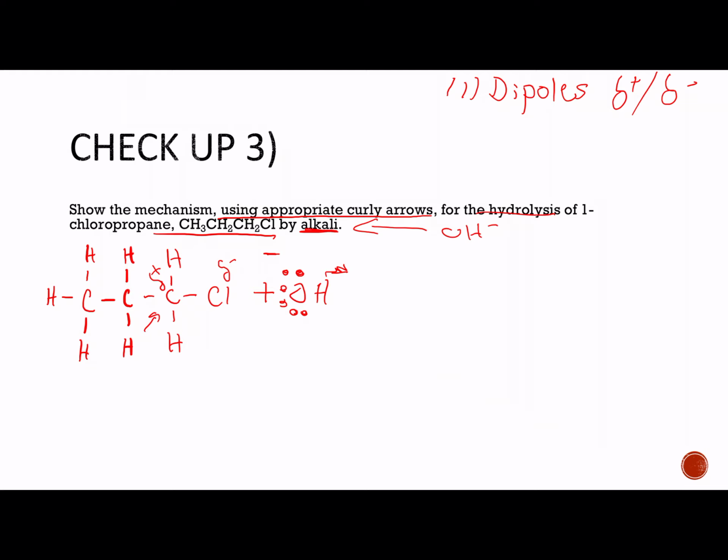The second point is for using my appropriate curly arrows and therefore writing the appropriate product. And so what I want to do is I want to show the curly arrow going from the 2 electrons on an oxygen and joining up because oxygen is going to connect to the carbon. So I want my arrow to go there.